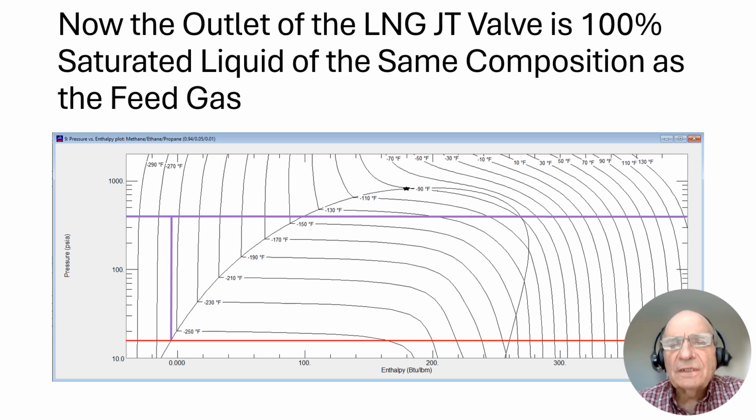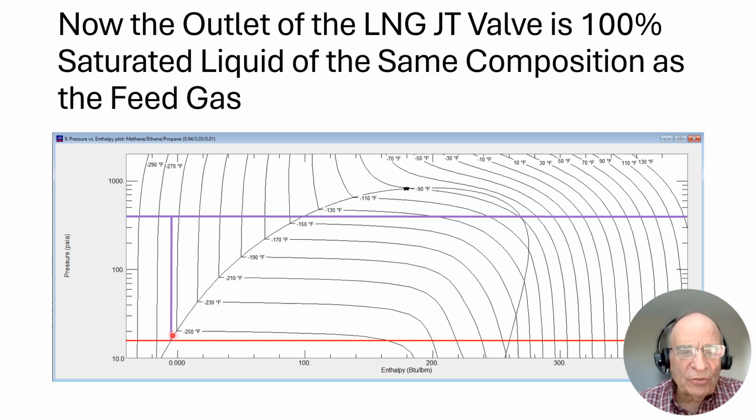With the inlet of the expander being at minus 117 degrees Fahrenheit, we see that the feed gas can be brought down colder, colder, colder. And right now it looks like, reading this chart, it's about minus 256 degrees Fahrenheit. When we flash down in a JT valve, you see we're right at the saturated liquid line. So we're producing LNG, 100% saturated liquid.